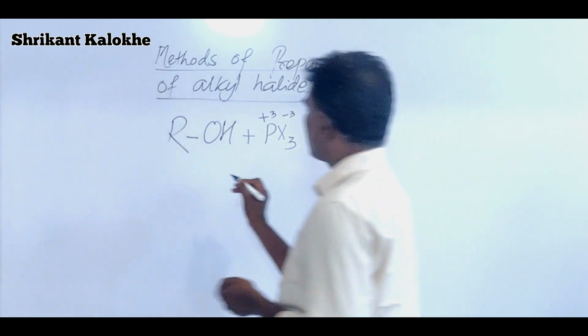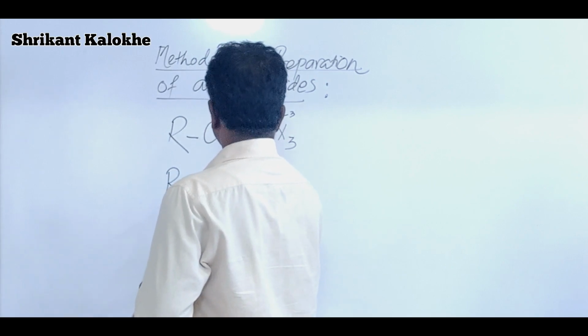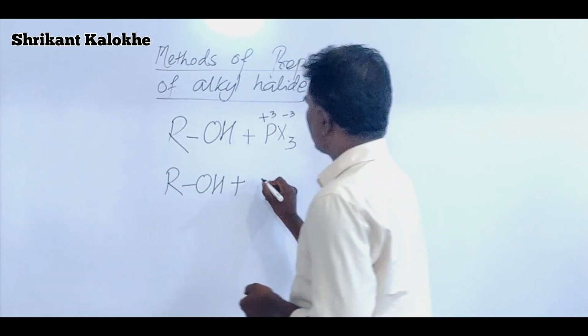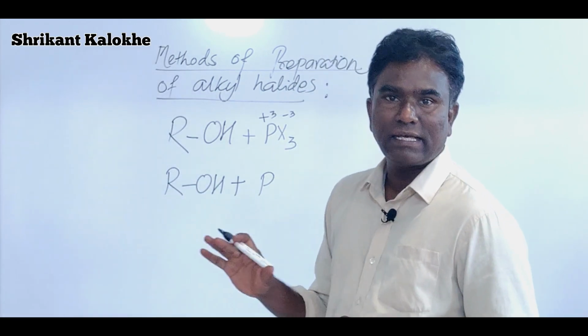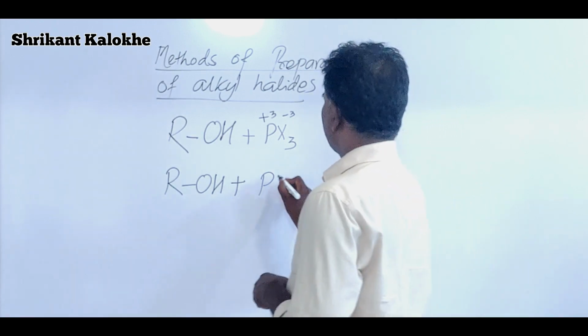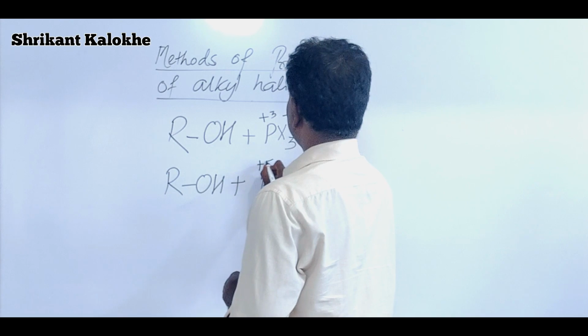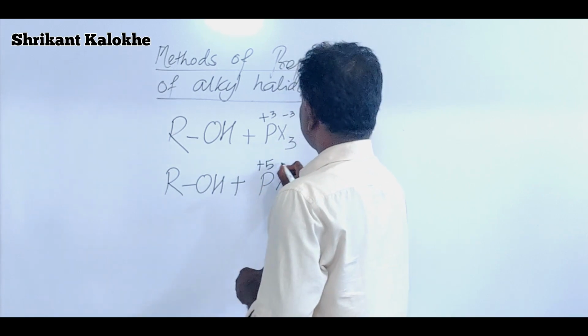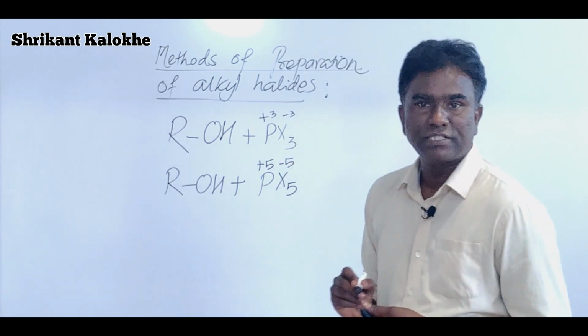And there is one more oxidation state of phosphorus which is +5, in which phosphorus donates all 5 electrons which are there in the last orbit of phosphorus. So it is PX5. Here phosphorus acquires +5 oxidation state and 5 halides -5 oxidation state.